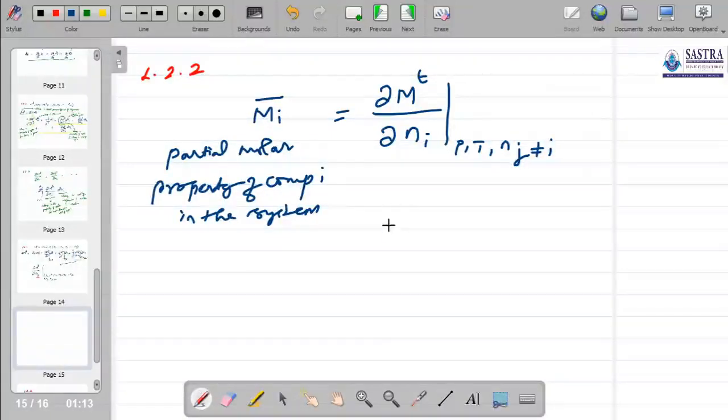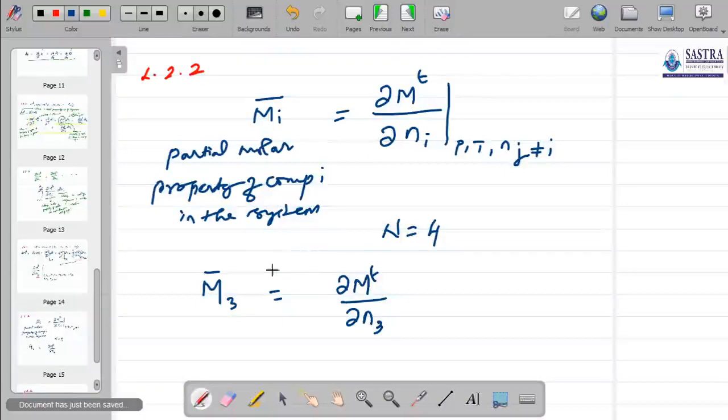If I ask what is the partial molar property of the third component in the system with respect to a solution, it means: what is the change in the total property of the system due to the change in the third component. So I am talking about the partial molar property of component 3.